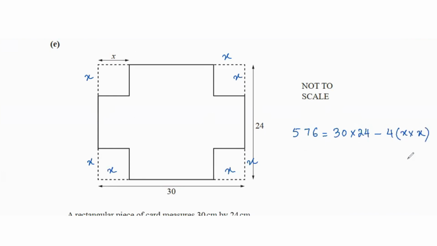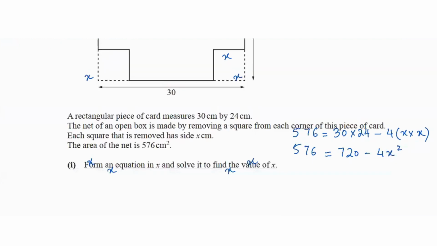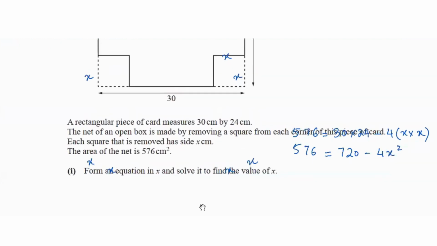Because there are 4 squares, that's why we're multiplying x times x by 4. And 30 times 24 is the area of this entire rectangle with the x squares included. So 576 equals 30 times 24, which is 720, minus 4x squared. This is our equation. And then they're asking us to solve it to find the value of x.